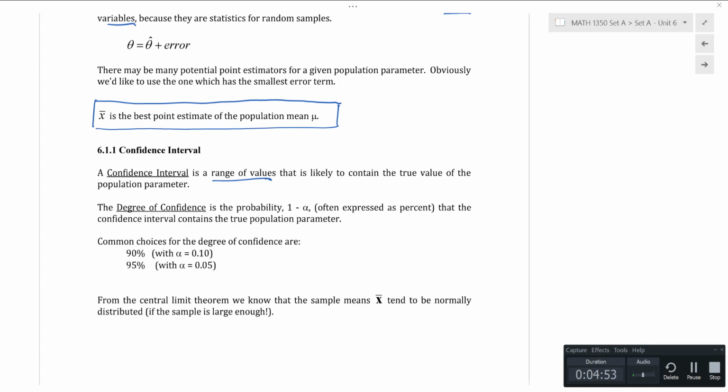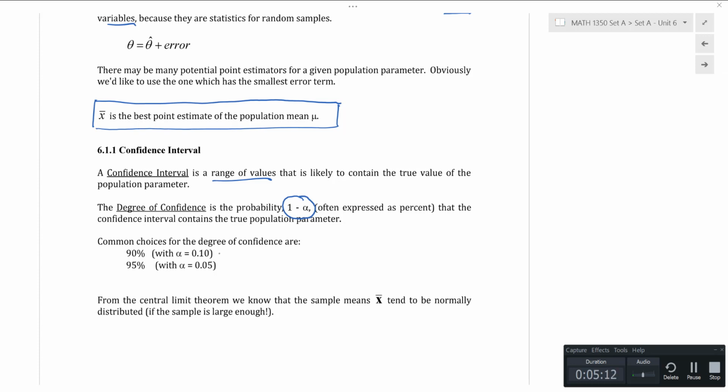We often express this as a probability, and it's often written 1 minus alpha. So 1 minus alpha could be 90%, or 95%. This is the probability that our interval captures the true parameter.